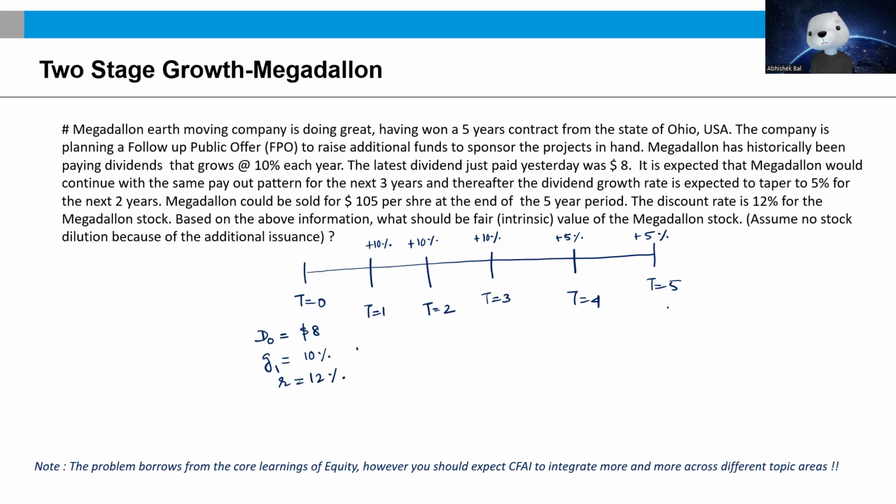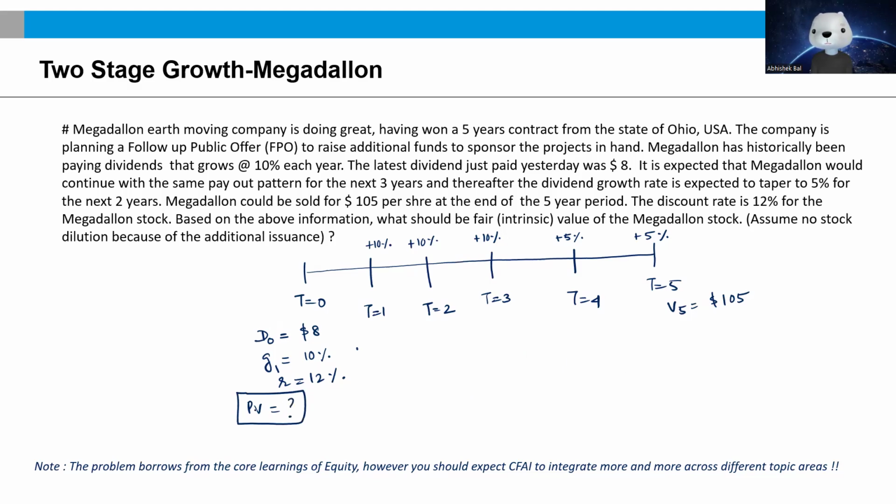And here it is being said that at the end of this tenor, it could be sold at $105. Now, given all of this, we are being asked what should be the price out here? What should be the present value? Because we are talking about the follow-on public offering, the FPO. So the FPO price is being asked about.